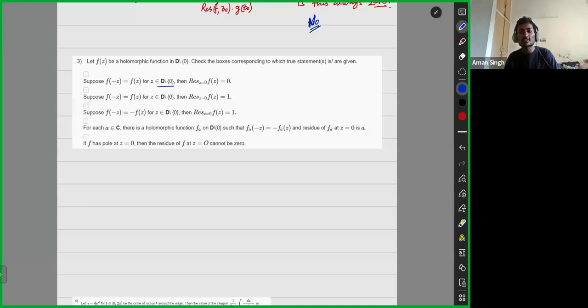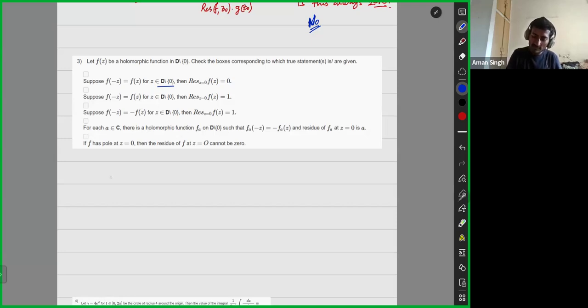So these kinds of functions are called even functions. If you expand an even function into a Laurent series, you get only even degree terms, no odd degree terms.